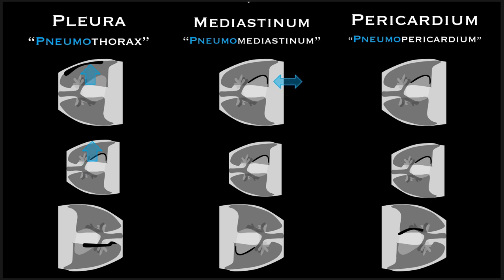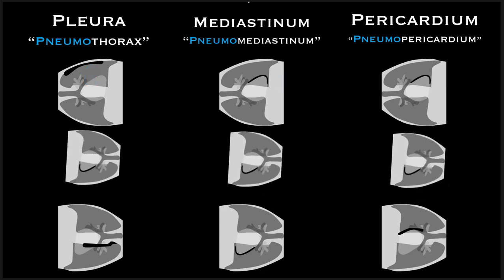The mediastinum, we're expecting it to stay put, and the pneumopericardium, we're expecting it to stay put on one side, depending on which side it's on, but then when we flip the patient around, it's going to go the other direction. So as we flip the patient around here, again, that air in the pleural sac is going to rise, the pneumomediastinum is going to stay put, and the pneumopericardium is going to redistribute to the other side of the pericardial sac.